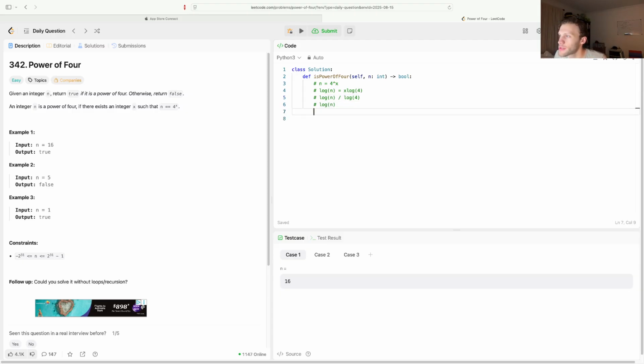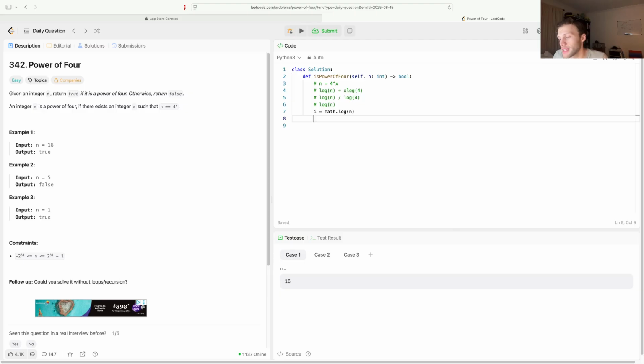The reason this solution failed last time, I'll bring it up. Essentially we take math log of n, and that gives you a number i. Then all you have to do is check whether i is an integer, meaning it has no decimal points.